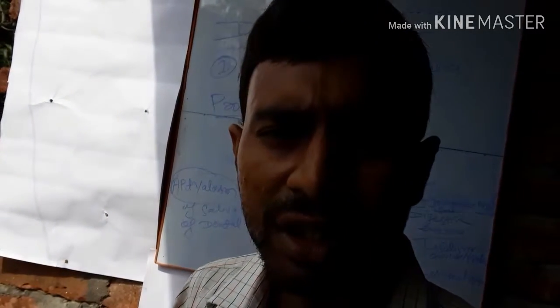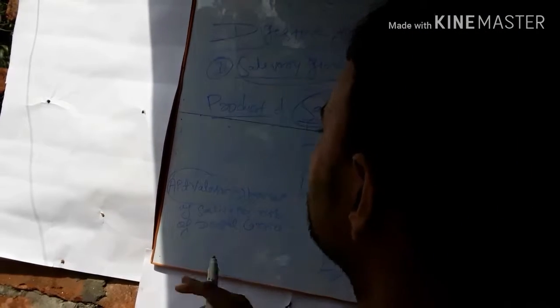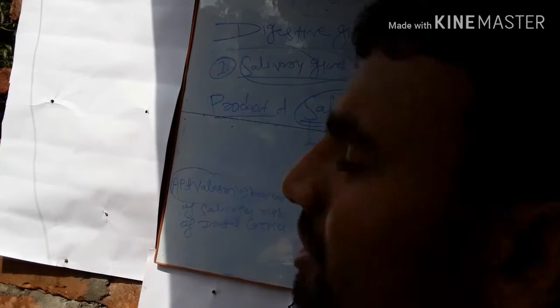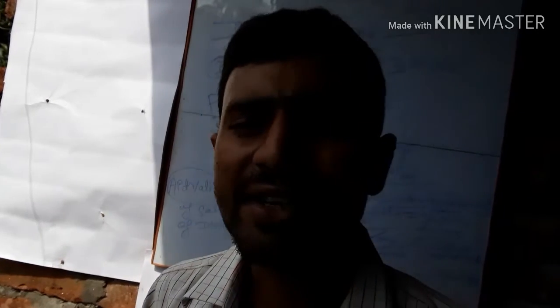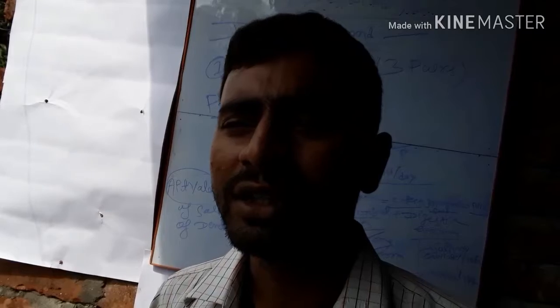The final matter is that salivary glands are three pairs. The second digestive gland is the gastric gland, and the gastric gland's product is gastric juice.